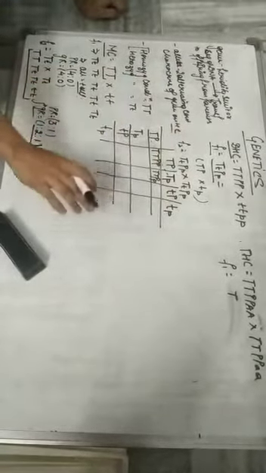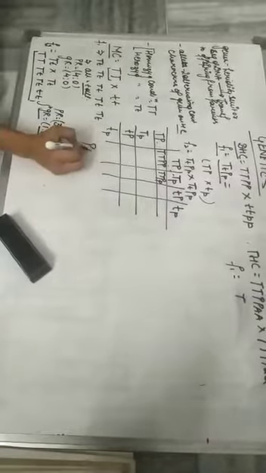In the F2 generation we cross again, the same scenario as the monohybrid cross. We make the Punnett square, and after doing all this we get the phenotypic ratio.